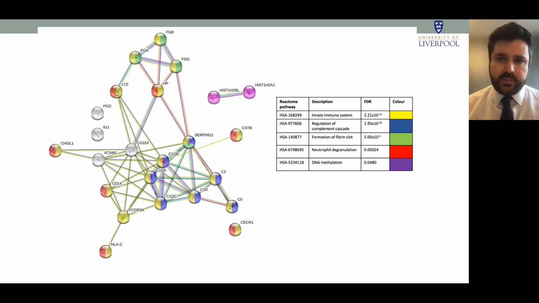This is a network plot using the Reactome platform of proteins upregulated in viral encephalitis compared to mimics. It investigates which pathways the proteins are primarily involved in and gives a significance value to the enrichment of each of the pathways, which you can see in the legend on the right.